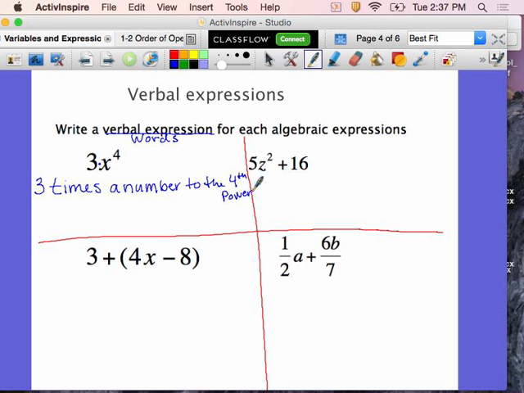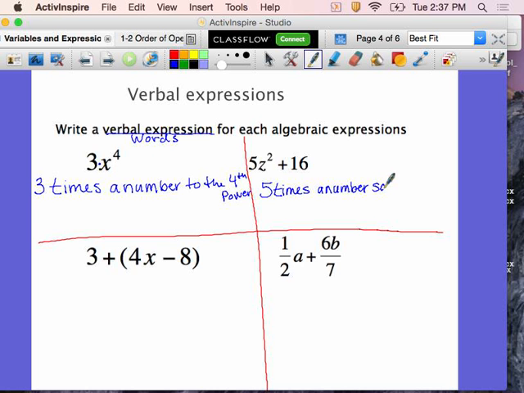Okay, on the next one, I don't see any parentheses, so I don't have to worry about that difference of, sum of, whatever. So I can kind of just write it how I see it. It's going to be 5 times a number squared.